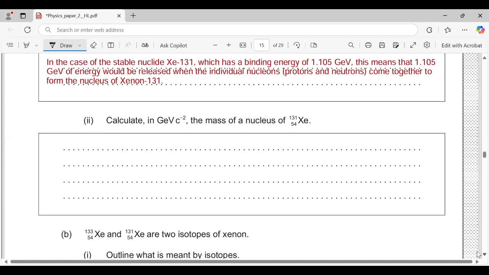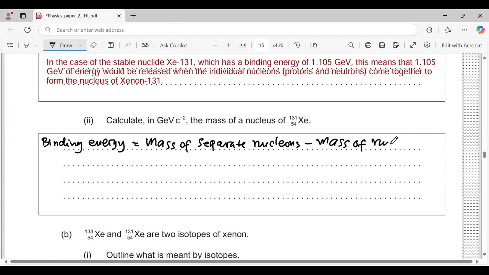I will use this rule: binding energy equals mass of separate nucleons minus mass of nucleus.